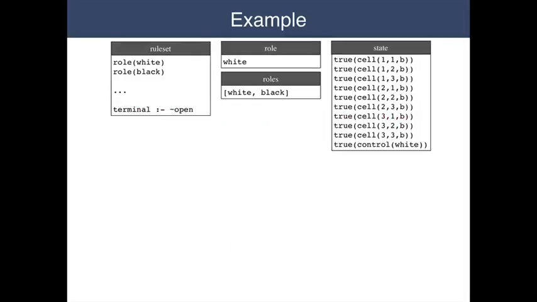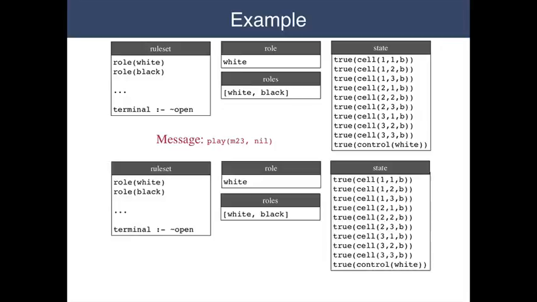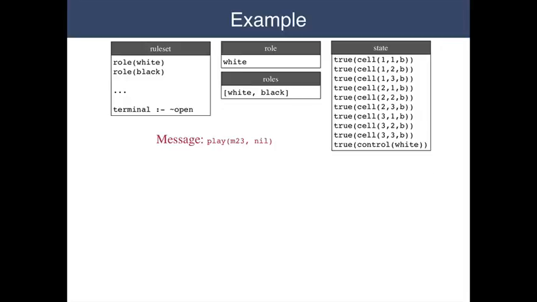Okay, now play begins after all the players have responded or after the start clock has expired, whichever comes first. Once the game manager is ready, it sends a suitable play message to all of the players. Here we see a request for the player to choose an action from match M23. The value nil signifies that this is the first step of the match.